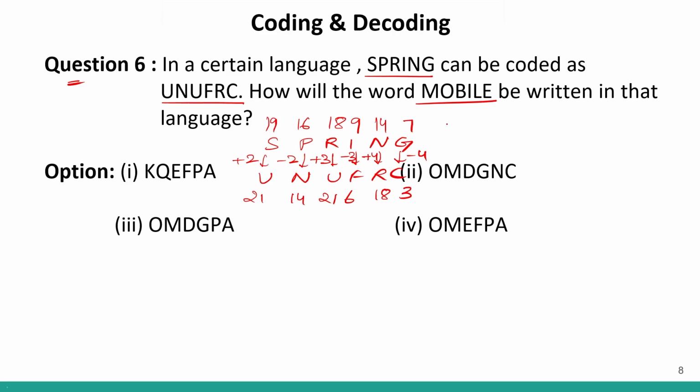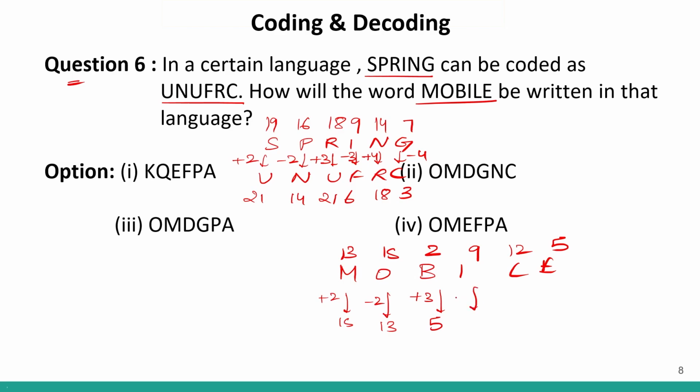So now let us do it for mobile as well. So mobile, the codes are 13, 15, 2, 9, L is 12, E is 5. So plus 2 will give me 15, -2 will give me 13. Plus 3 will give me 5, -3 will give me 6. Plus 4 will give me 16 and -4 will give me 1.